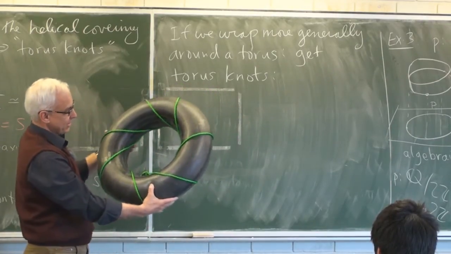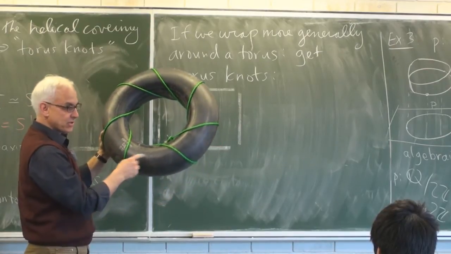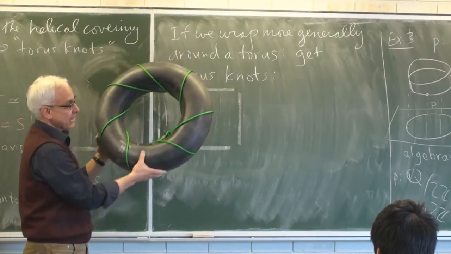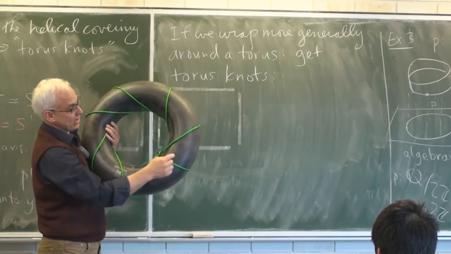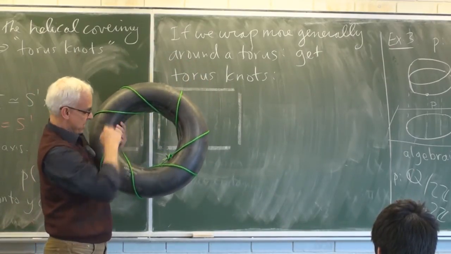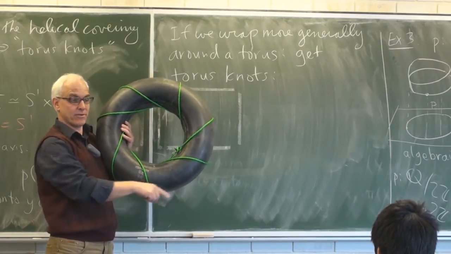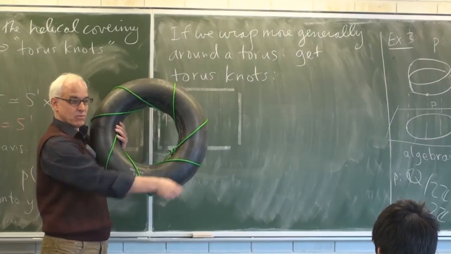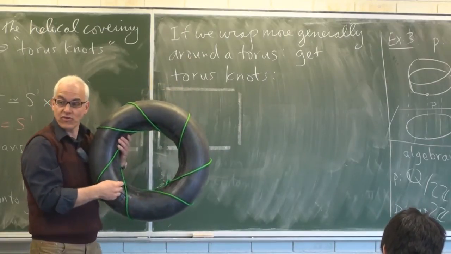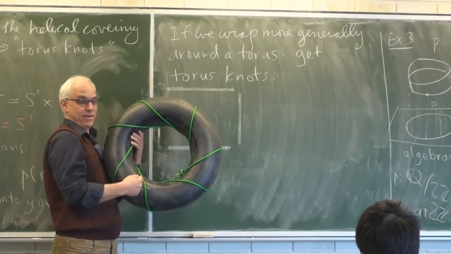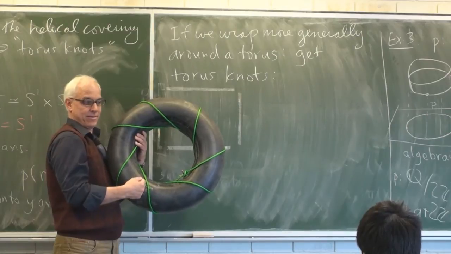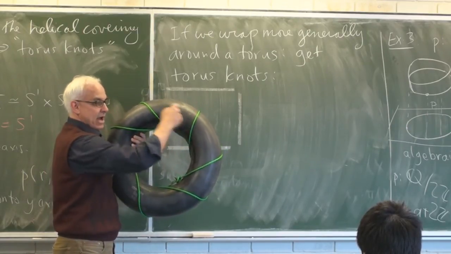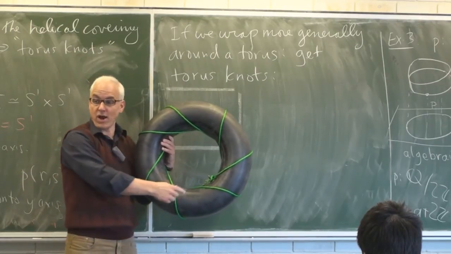And you can kind of see that it wraps around the y-axis, or the circle that goes in this direction, 7 times, because you can sort of see 1, 2, 3, 4, 5, 6, 7 loops around. So it goes around 7 times this way when it makes one complete circuit. But it also goes 2 times around this way. Okay, when I was doing it, following it around, I actually went around this direction twice.